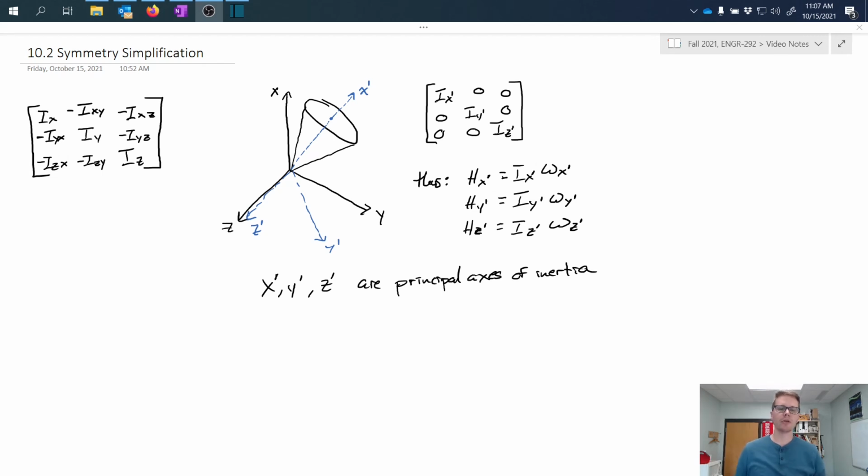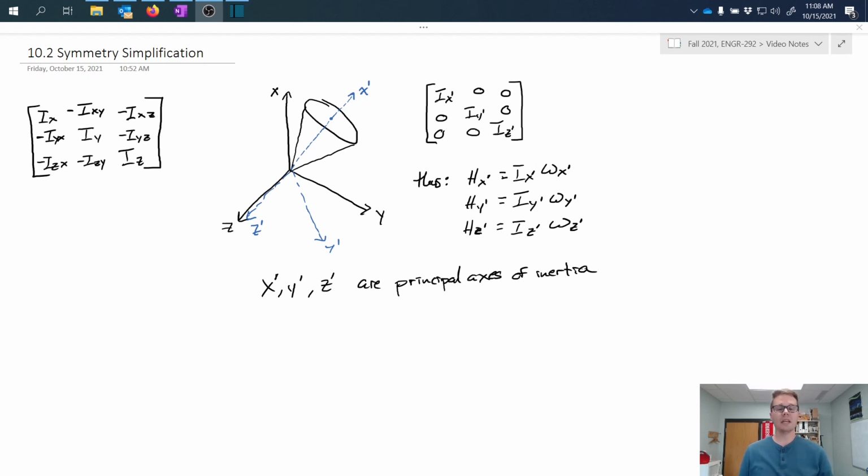I should note here that for any rigid body of any shape, there is always some set of axes which can be defined as the principal axes of inertia. There is never a situation where that doesn't exist. There is always some way we can simplify this problem down.